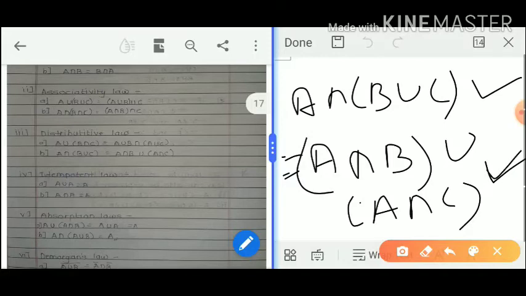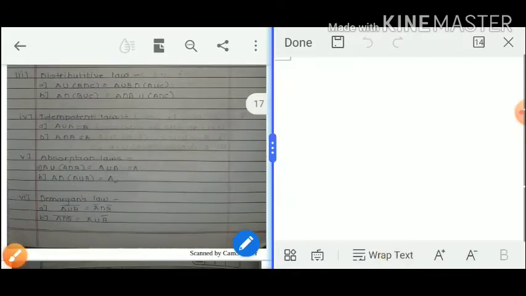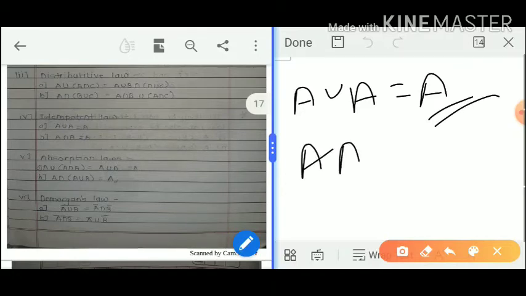Okay, next, fourth law is idempotent law. If A union A, we can write A, because same set union with same set, so the answer is A. If A intersection A, we can write A by using idempotent law.